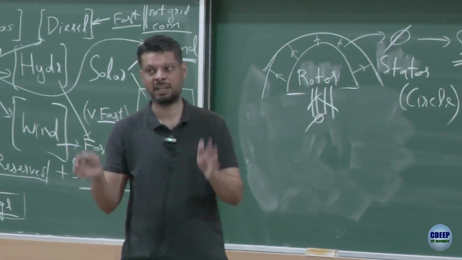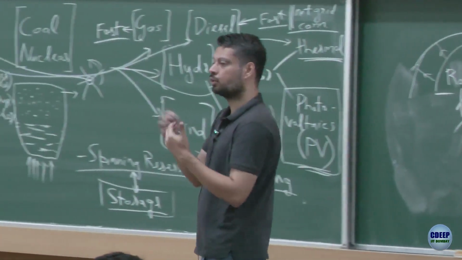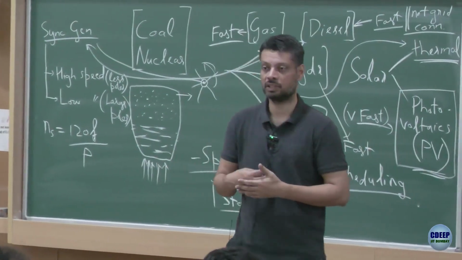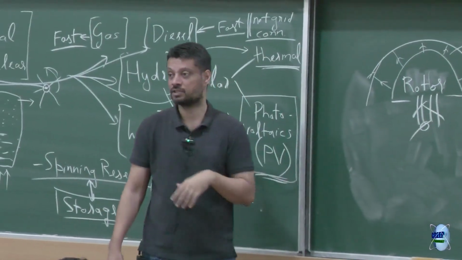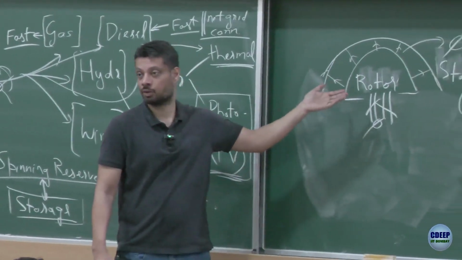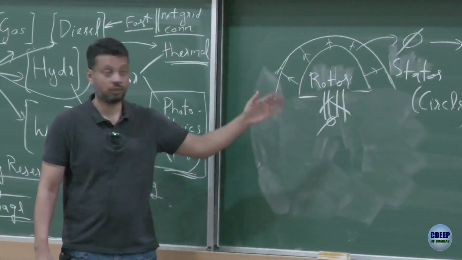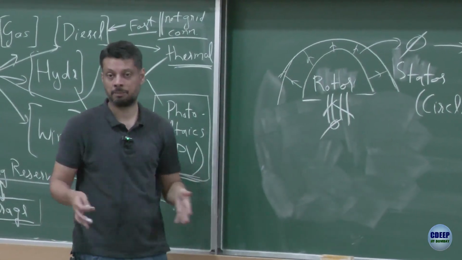But if you have a sinusoidal flux distribution and if you now rotate it, you induce a sinusoidal voltage. You can have 2 ways of doing sinusoidal flux distribution. One is this way, you can have a rotor of this shape. This is of course a 2-pole rotor, you can have multiple poles also.